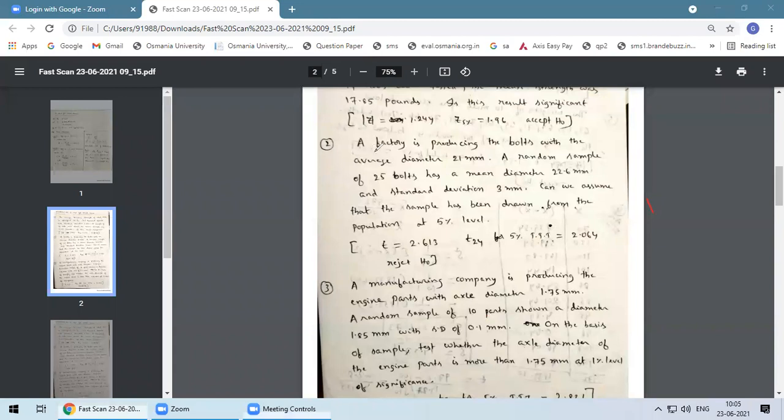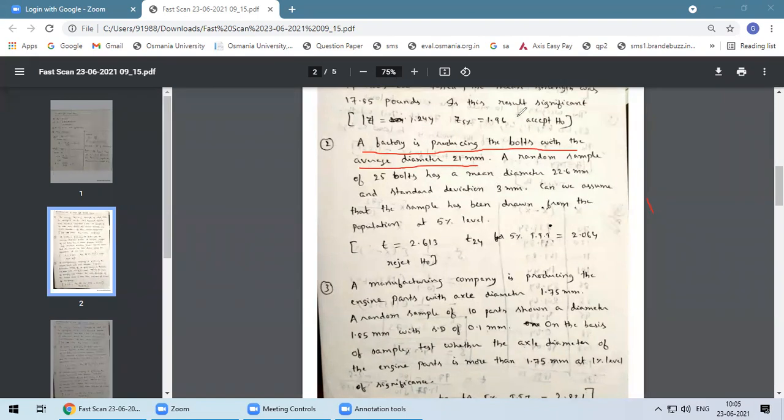Second problem. A factory is producing bolts. That is a bolt manufacturing company. A factory is producing bolts with the average diameter 21 millimeters. Full stop.